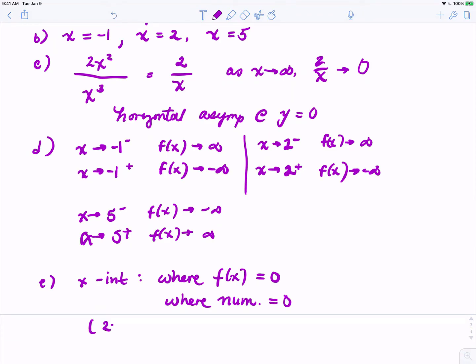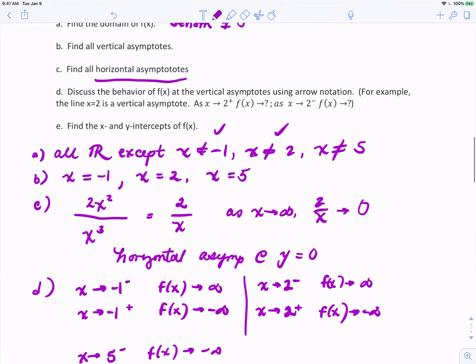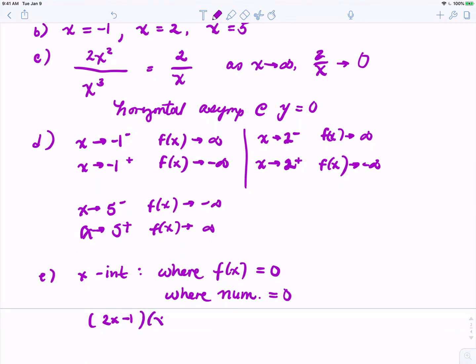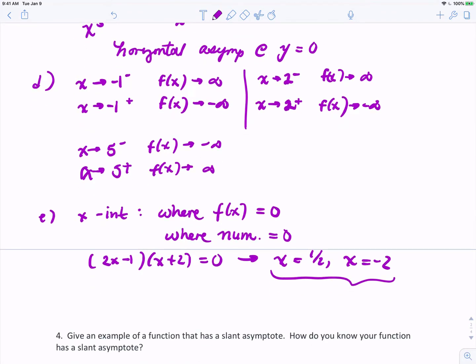The numerator is 2x minus 1 times x plus 2. And this is equal to 0 where x is equal to 1/2 and where x is equal to negative 2. So these are the x-intercepts. We can write them as ordered pairs, 1/2 comma 0 and negative 2 comma 0.